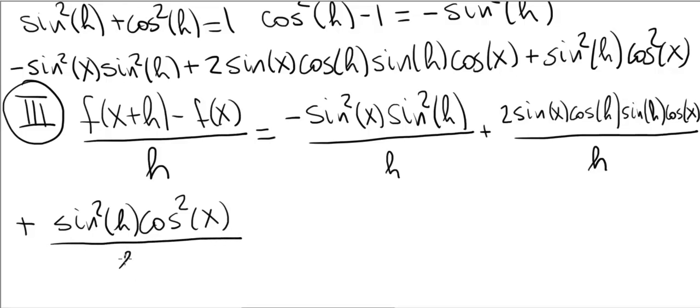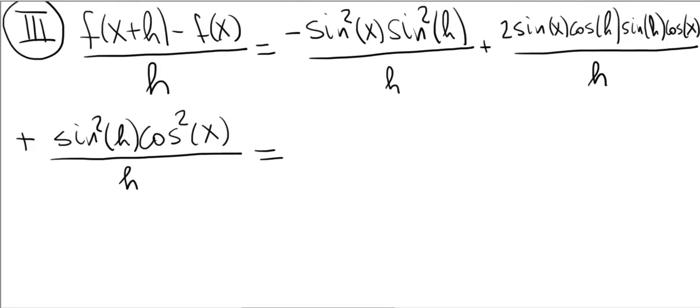Now we want to simplify this as much as possible. Notice that every one of these 3 terms has a common factor, which is sine h over h, and that's what we're going to factor out. I'm going to factor out sine of h over h, and then in brackets write whatever is left for each term.